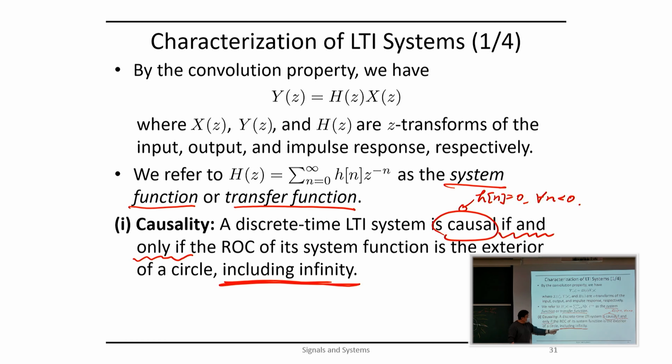The reason you can say it's causal is that this ROC includes infinity. Why is that? Suppose you look at a general right-sided signal. The Z transform would be something like this.